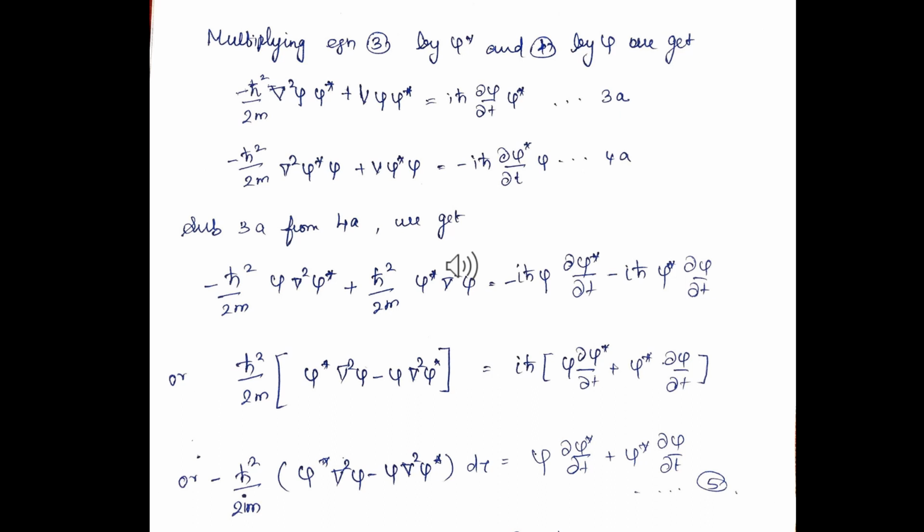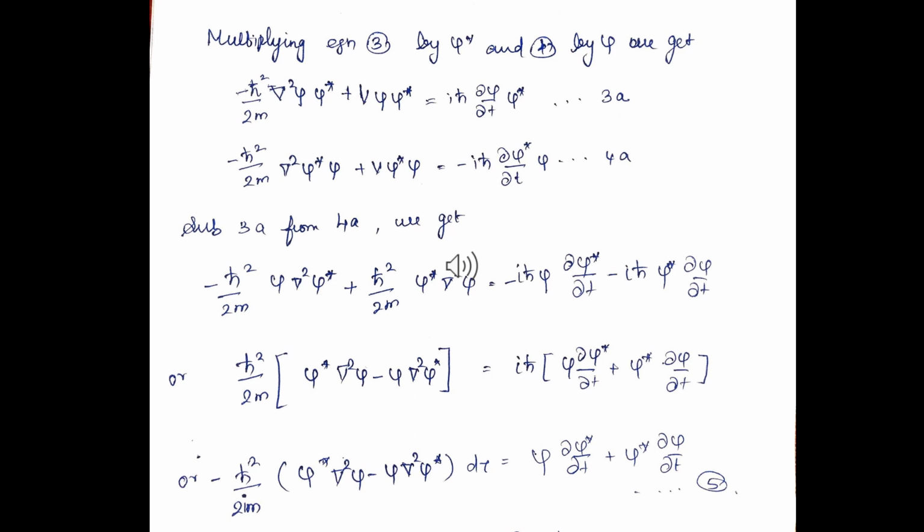And multiplying by psi in equation 4, it becomes minus h cross square by 2m del square psi star into psi plus V psi star into psi equal to minus i h cross dou psi star by dou t into psi. Let it be 4a.